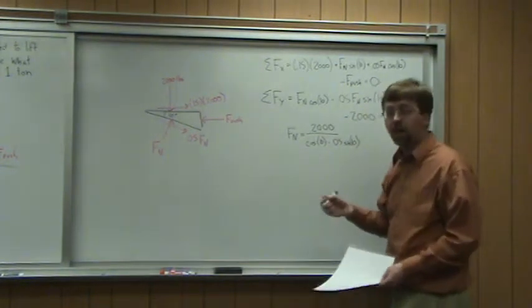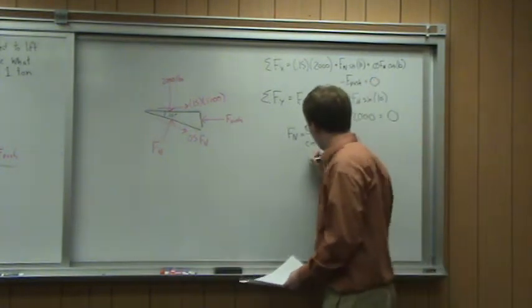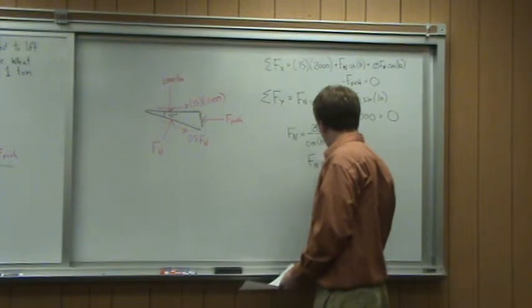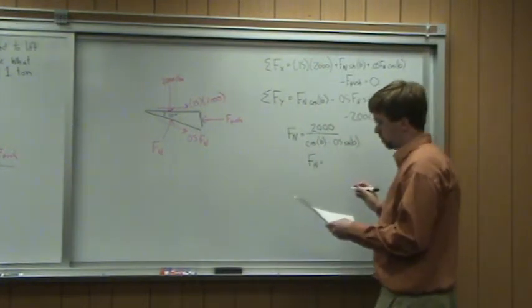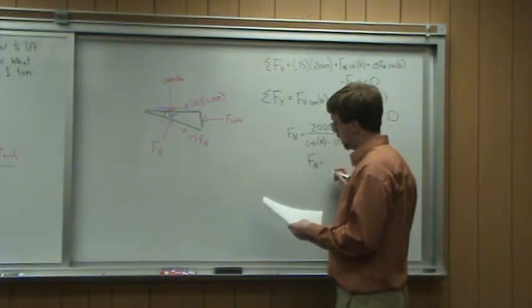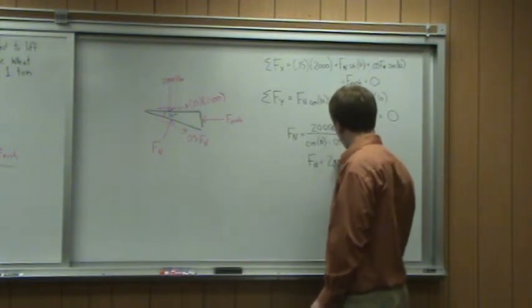And if I solve all that, I've just got numbers at this point. Fn will give me 2,048.9 pounds.